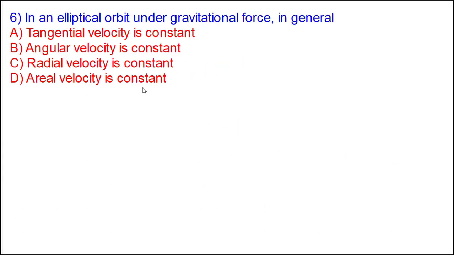Next is question number 6. In an elliptical orbit under gravitational force in general, tangential velocity is constant, angular velocity is constant, radial velocity is constant, or aerial velocity is constant.